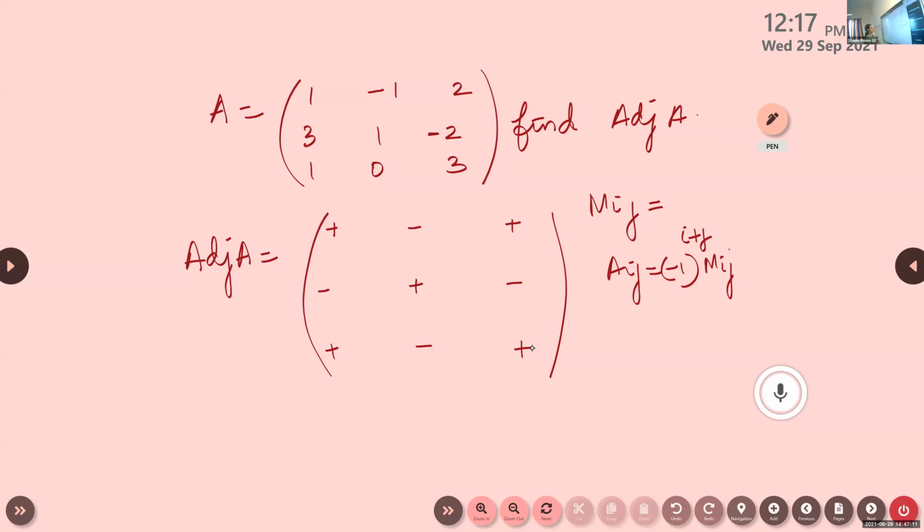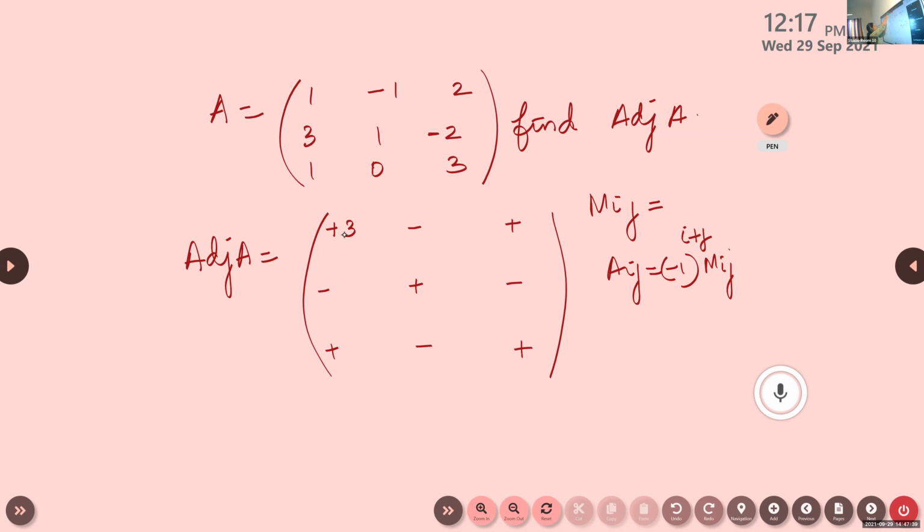Then find out what is adj. It will be, for the first one, it is plus 3. Then for the second element, is it correct, Tomlin?